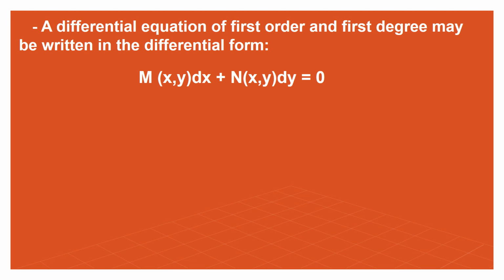So, first derivative, tapos linear, hanggat maaari. The first term is being represented by m, having an x variable or y variable. And the second term is represented by n. Again, can be represented by x or y variable.